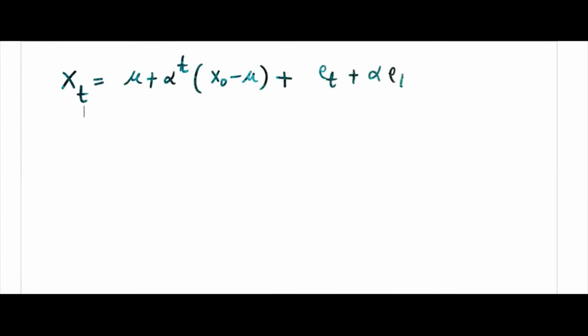if you continue, you can check it. x_t should be equal to mu plus alpha power t times x_0 minus mu, plus e_t, alpha e_{t-1}, alpha squared e_{t-2}, up to alpha^{t-1} e_1.